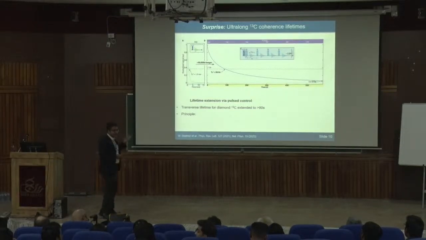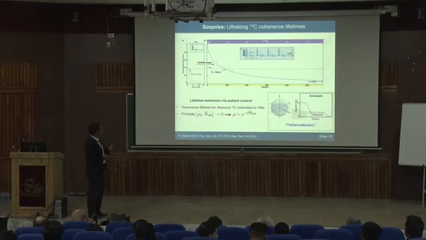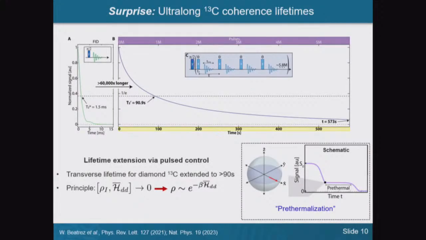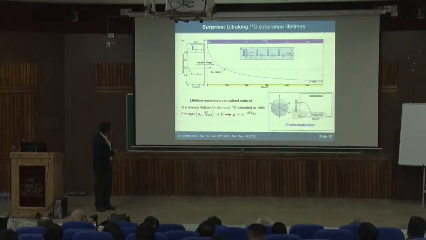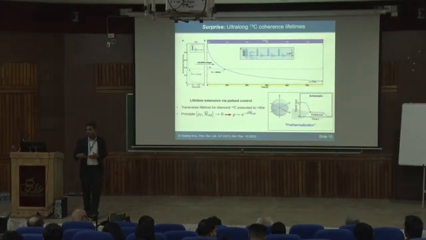And at first sight, this was rather surprising, but now there's a very easy way to explain this. And the simple-minded experimentalist explanation of this is as follows. What you're doing is you're taking this dipole Hamiltonian that I wrote down in the previous slide, which is rather complicated, and you're re-engineering it into something else. So there is some new Hamiltonian now, such that the initial state commutes with this new Hamiltonian to some order of a series expansion.